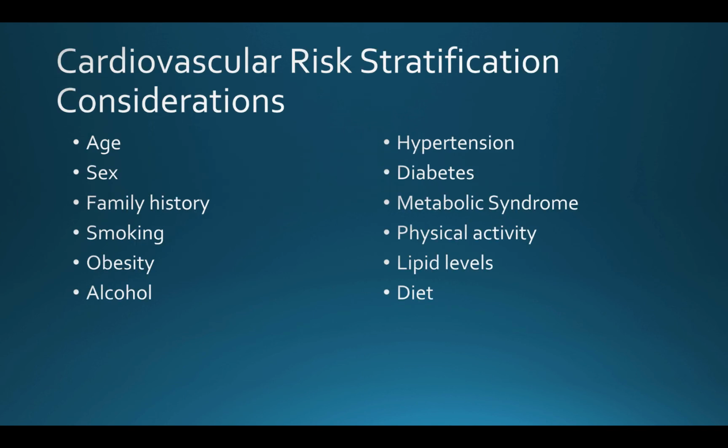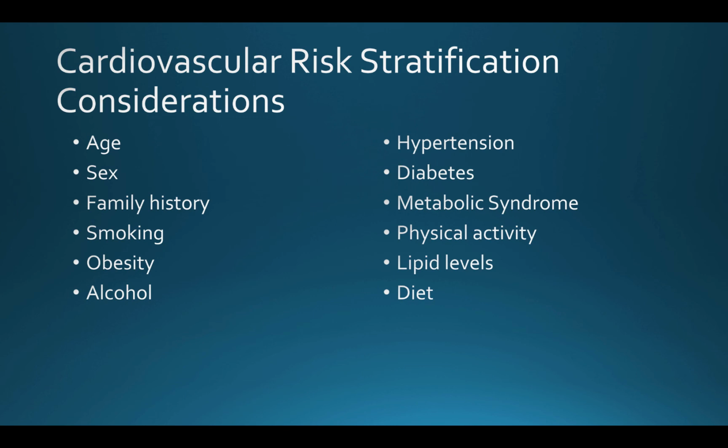Now that risk stratification, I think I went through that a little bit when talking more specifically about CAD, but you can certainly see that we can do a lot about many of these risk factors. Age and things like that, and obviously family history, we can't do anything about. They're not modifiable risk factors.